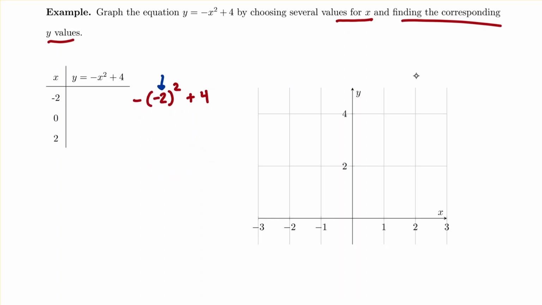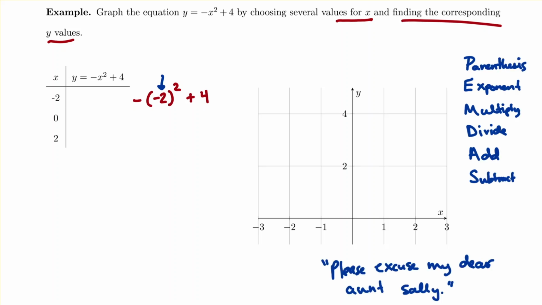When you're thinking about which operation to do first, we have a common phrase. It's an acronym. Please excuse my dear Aunt Sally. And it stands for parentheses, exponent, multiply, divide, add, subtract. It tells you go down the list whenever you're working through simplifying an expression.